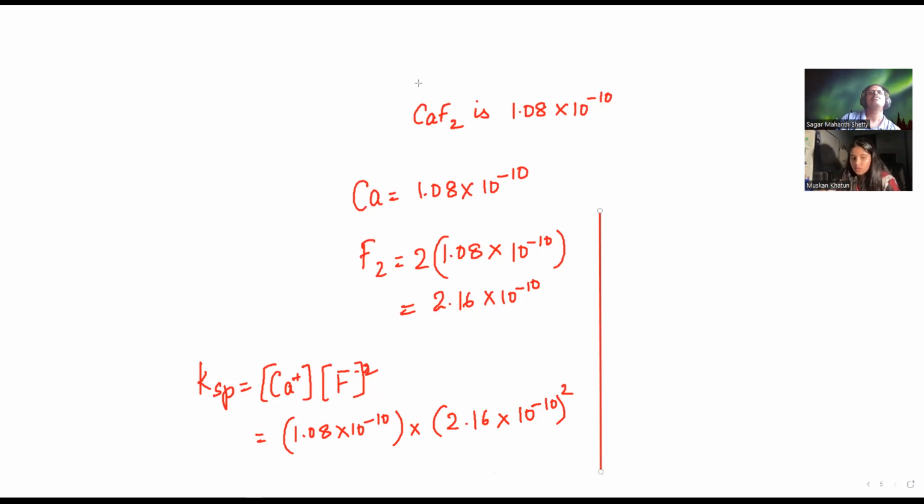So now one more step. 1.08 into 10 to the power of minus 10.